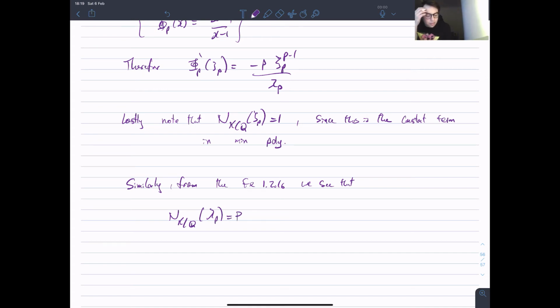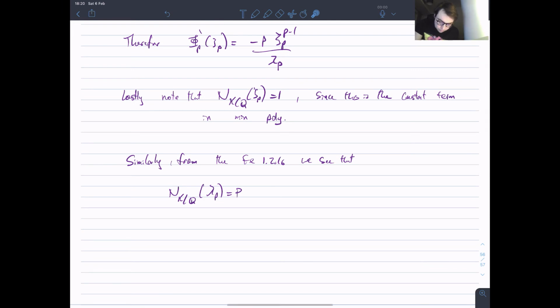Remember when we checked that this Φ_p was an irreducible polynomial, what we did was we evaluated this polynomial at x + 1, expanded it all out, and then you notice that a bunch of p's showed up in the coefficients. And we noticed that the last term was p. If you evaluate Φ_p at x + 1, that is the polynomial which λ_p satisfies. And if I want to know the norm of that, it's just the coefficient of the constant term, which is p, which gives us this.